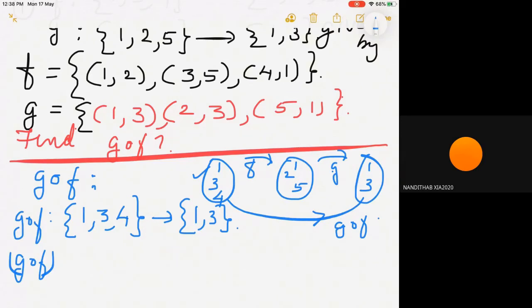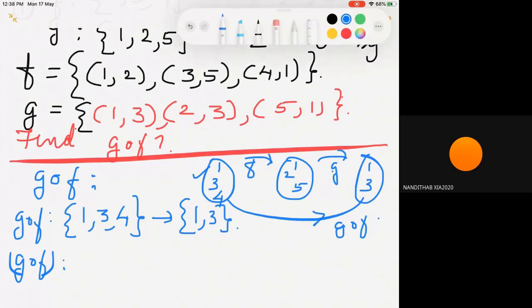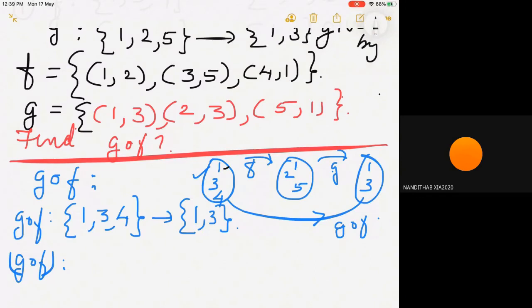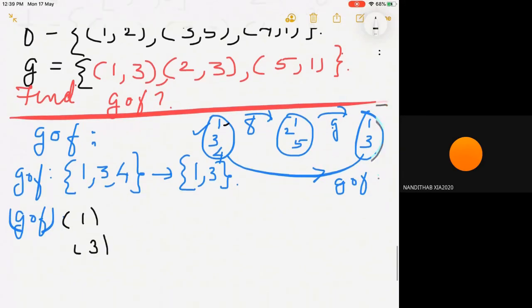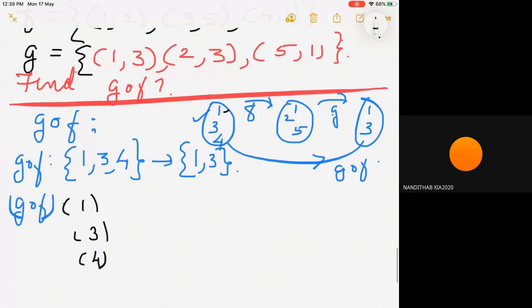That's the domain. Since G dot F is a function, every element of the domain will have an image. That means you have to find the image of 1, then the image of 3, and the image of 4 under the function G dot F.